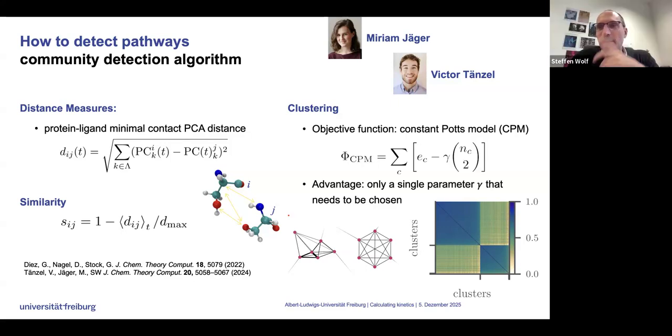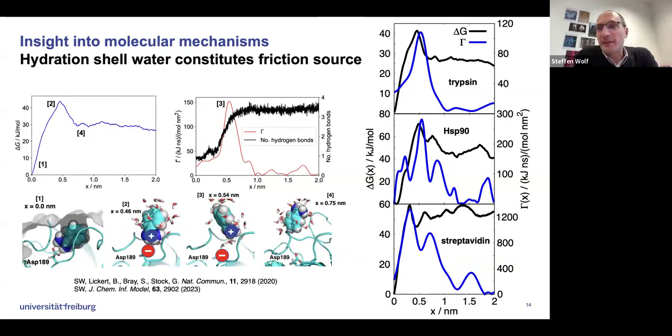Okay. Maybe if I may very shortly, because I just jumped over this, one additional benefit of the method that we use is that from the side of statistical mechanics, the friction coefficient and free energy are complementary information to each other.